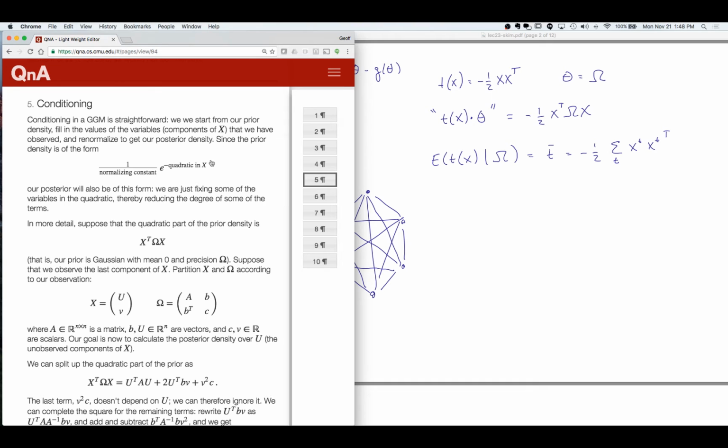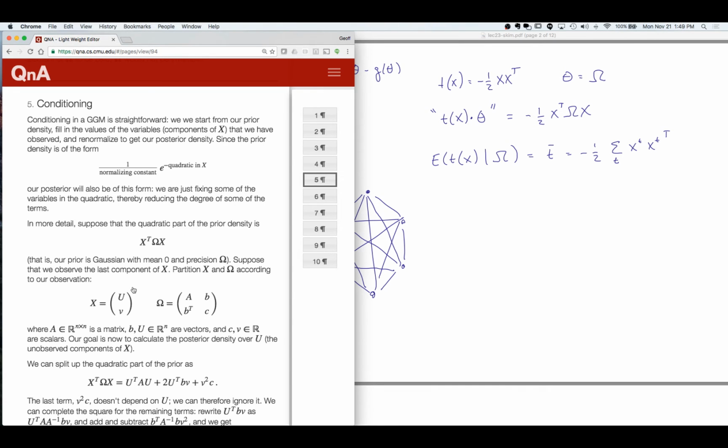Right? And so let's do that just in a little bit more detail. So here's the quadratic part of the prior density, x transpose omega x. This corresponds to a Gaussian with mean 0 and precision omega. And let's arrange x so that the component that we observe is the last component of x. So that means that we can partition our variables like this.